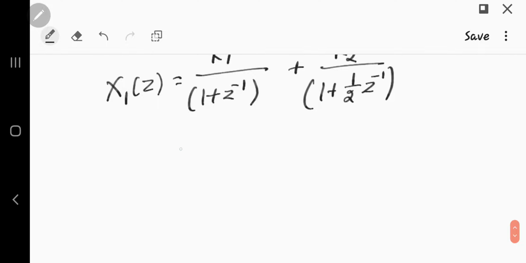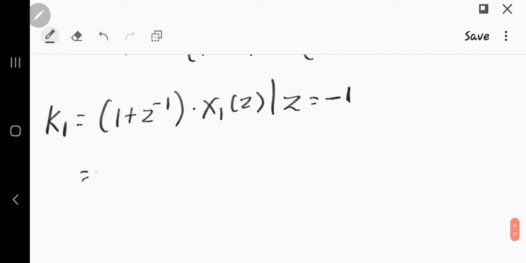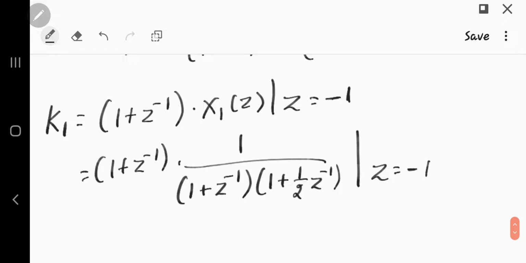Finding the value of k1: k1 is equal to 1 plus z inverse into x1 of z, where z takes the value minus 1. So 1 plus z inverse into 1 divided by 1 plus z inverse into 1 plus 1 by 2 z inverse, where z takes the value minus 1.